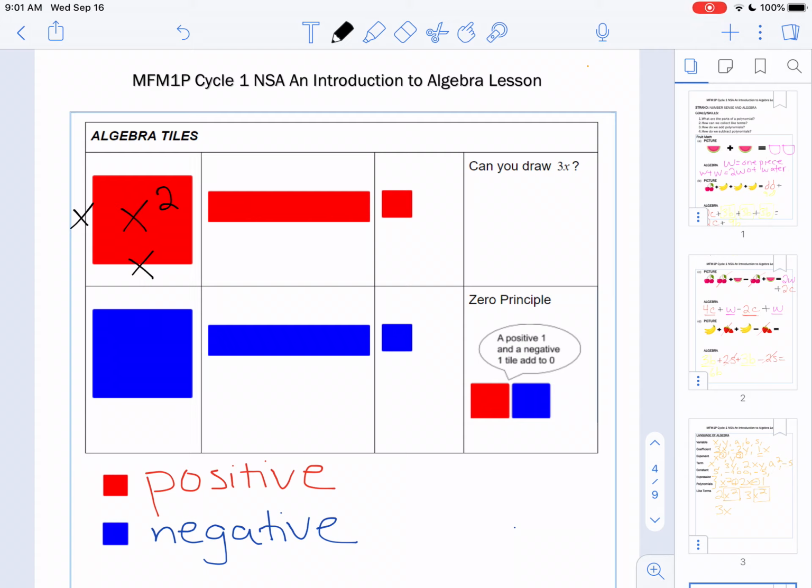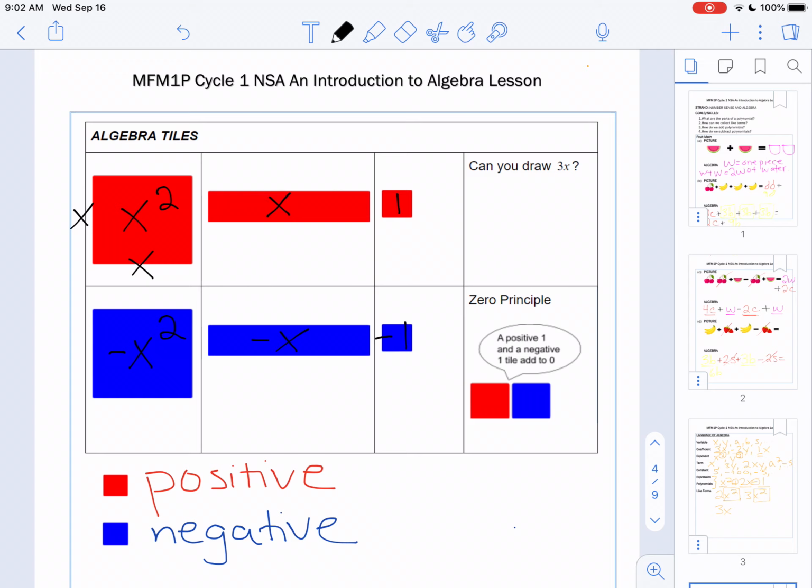X times x is x squared, which means the blue large square is called negative x squared. This is an x tile, and this is a negative x tile. And the little tiny square is just a 1, and negative 1 for the blue.